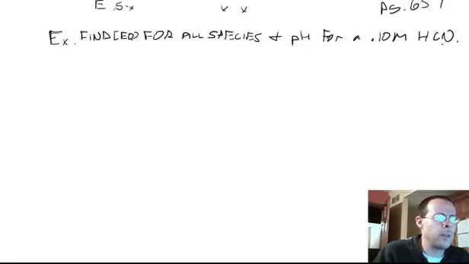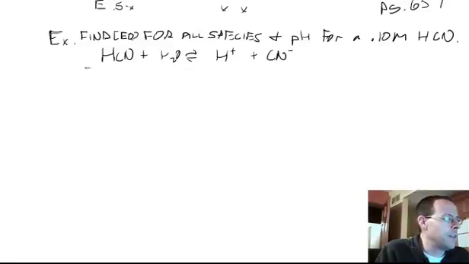So it's an acid, it starts with an H. It's not one of our strong ones, which means it has to be a weak acid. So if we write this out, we're going to have HCN plus water, and obviously it is going to yield H3O plus, or just H plus, and cyanide ion. Set up an ICE table.